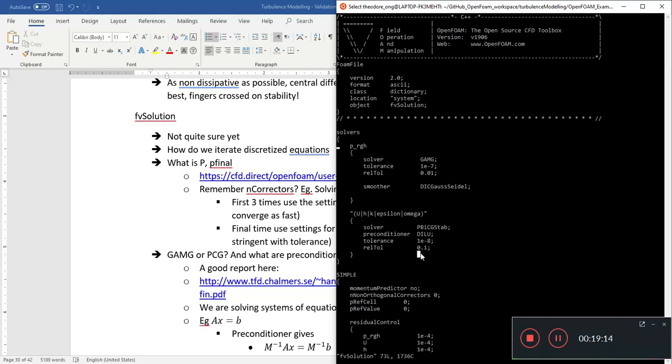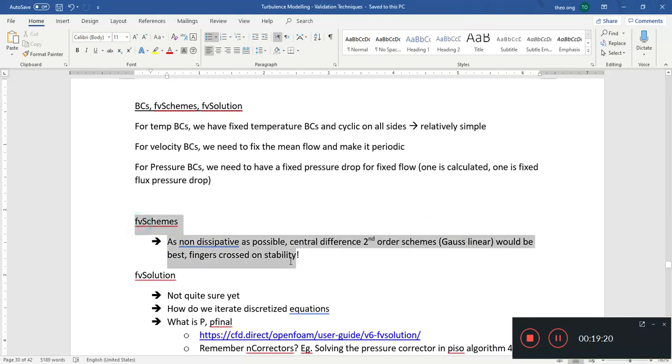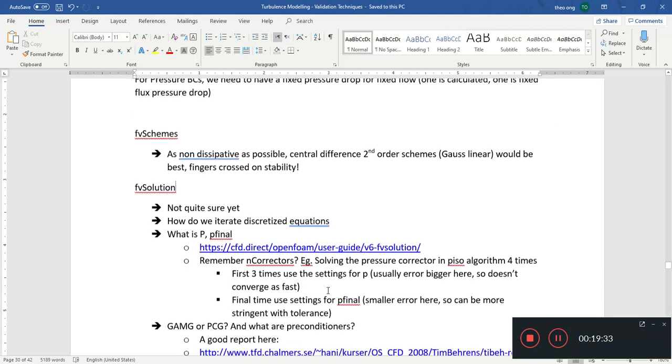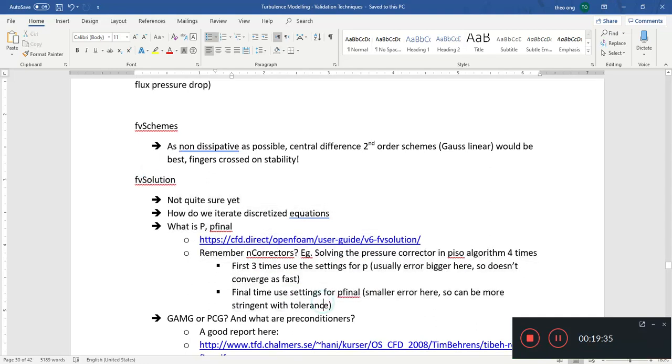Those are basically linear solving methods for the matrices. So fvSchemes breaks up your partial differential equation into a lot of matrices. So fvSolution will say, oh, how do I solve these matrices?